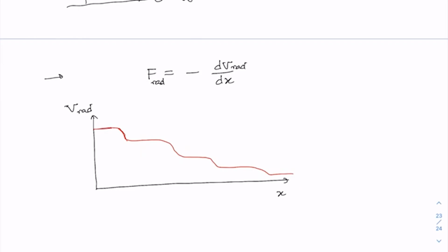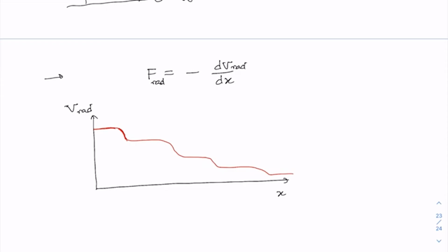but when there is a strong force, at the resonance, the force would be very strong, and we'll have this stair.